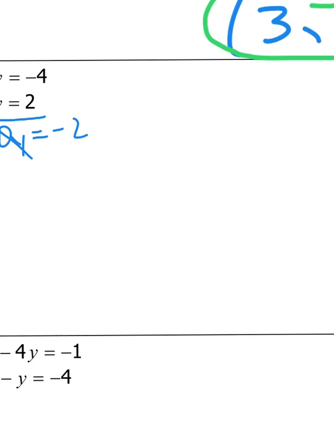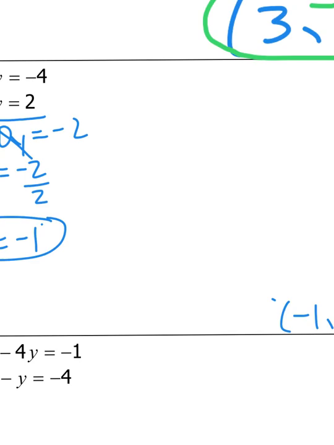So I'm just left with 2x equals -2. So then all I have left to do is divide by 2. The 2's over here cancel out, and I'm left with x equals -2 divided by 2, -1. That's all that's left. So we now know that -1 is part of our solution.